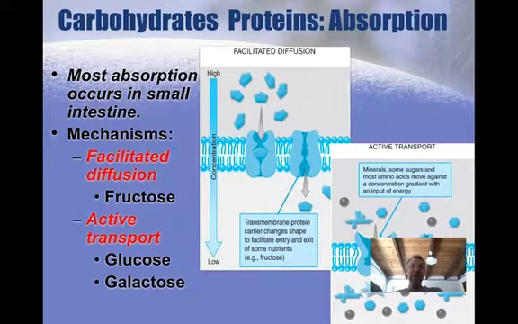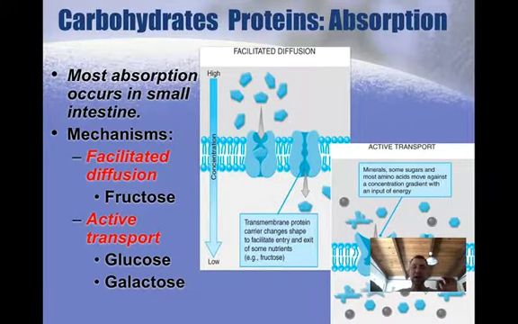In other words, if there's too much fructose on the small intestine side of the equation, it will overwhelm the absorptive mechanism of facilitated diffusion, and some fructose then won't get transported across the membrane. So it can get overwhelmed. It does not require energy, which is important, but it does require those transmembrane protein carriers. There are a handful of amino acids that get absorbed in this way as well.